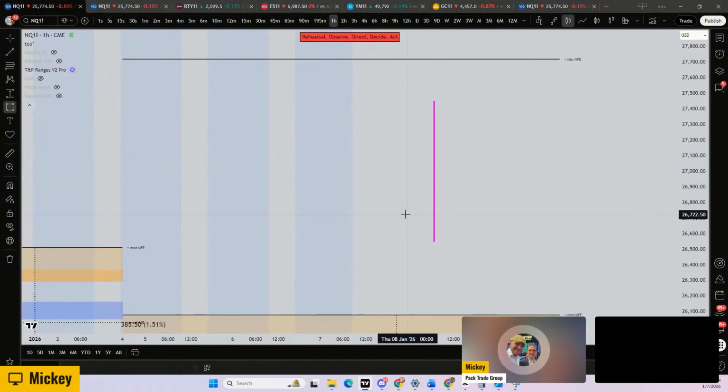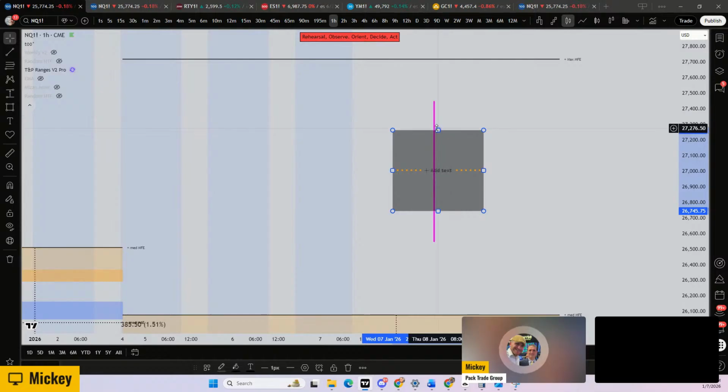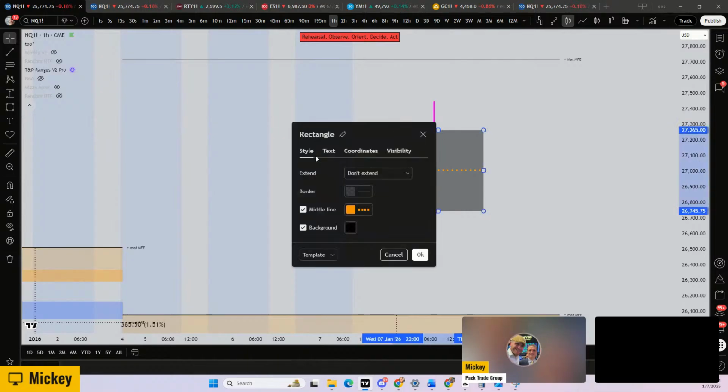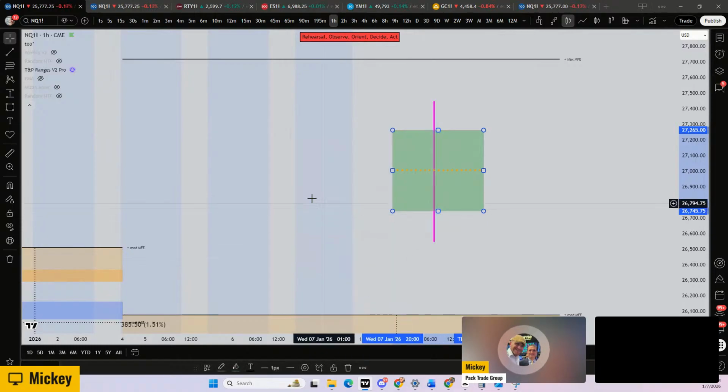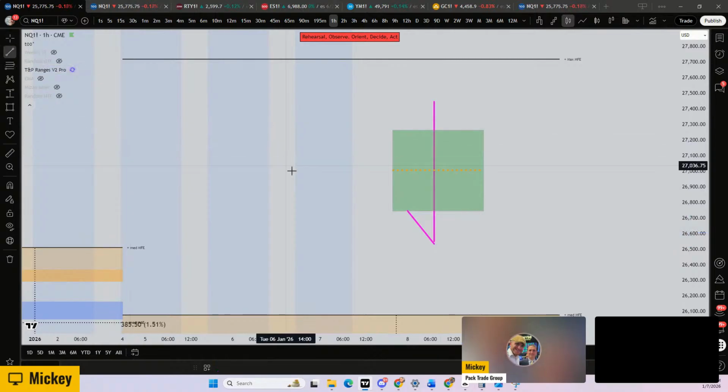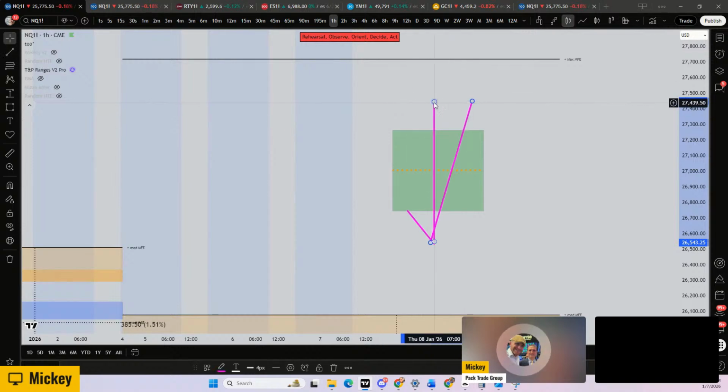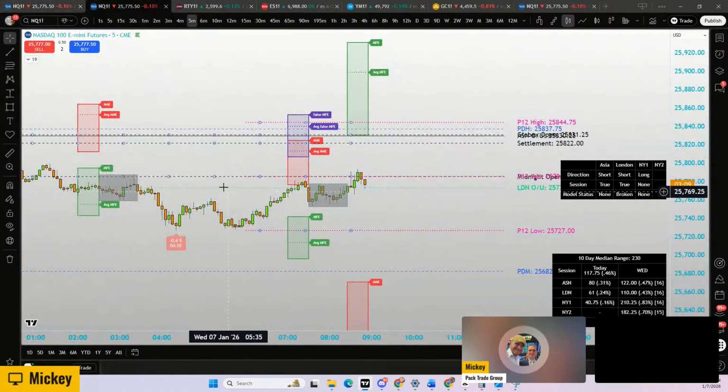If the weekly candle is like this, we'll say it's a green one. The MAE would be from the open to that low. And then the MFE would be to the high, right?